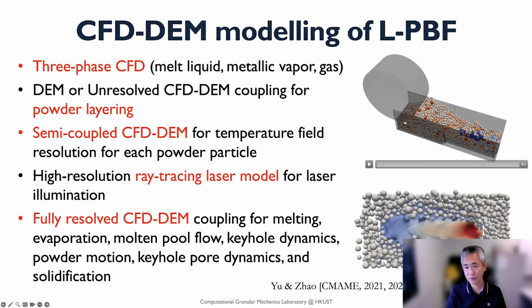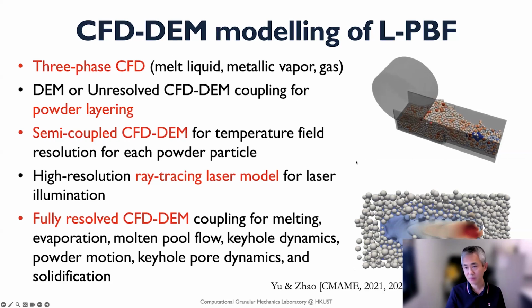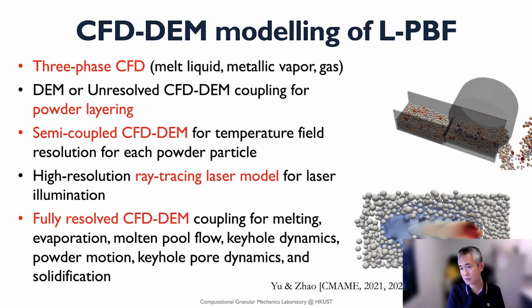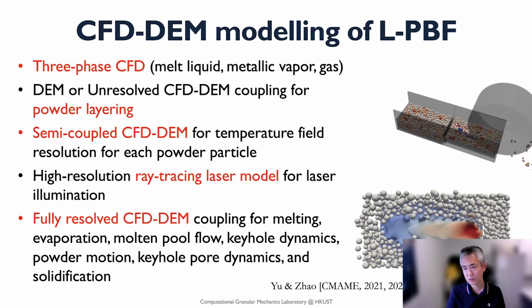For the layering process, this can be done with pure DEM simulations, or we can use the unresolved CFD-DEM for certain situations where we also want to consider some gas phase effects. Or, for example, if the layering process also involves part of the liquid in the lower bed, then we can use the coupled one here. But for convenience, normally people use pure DEM for the layering process here.